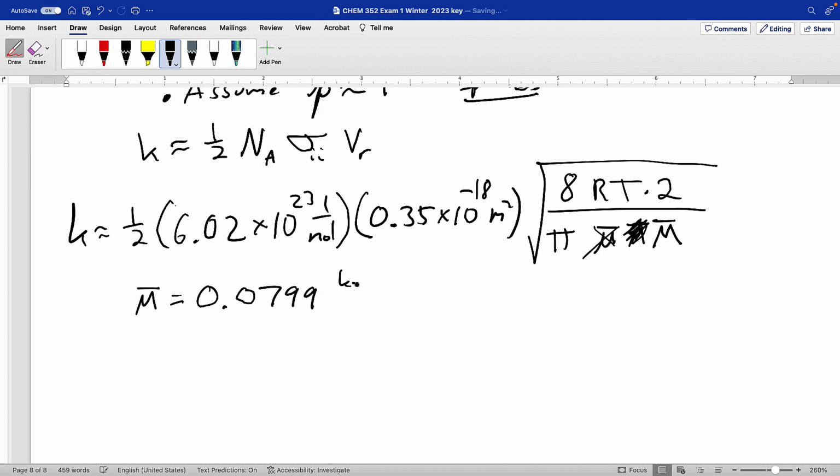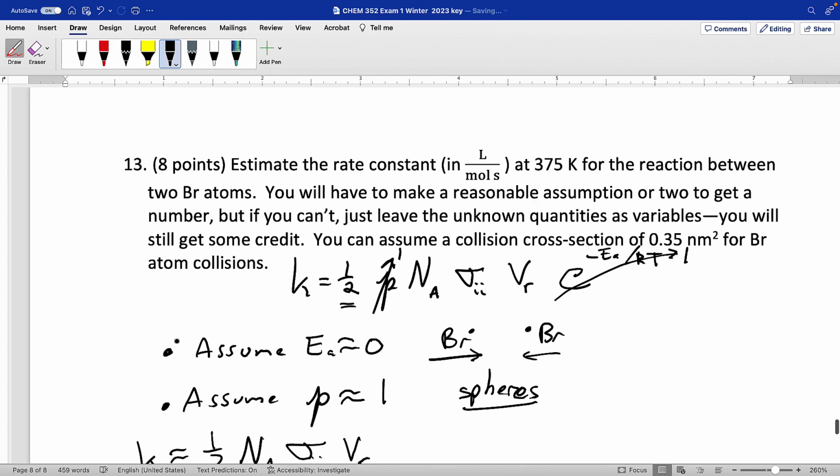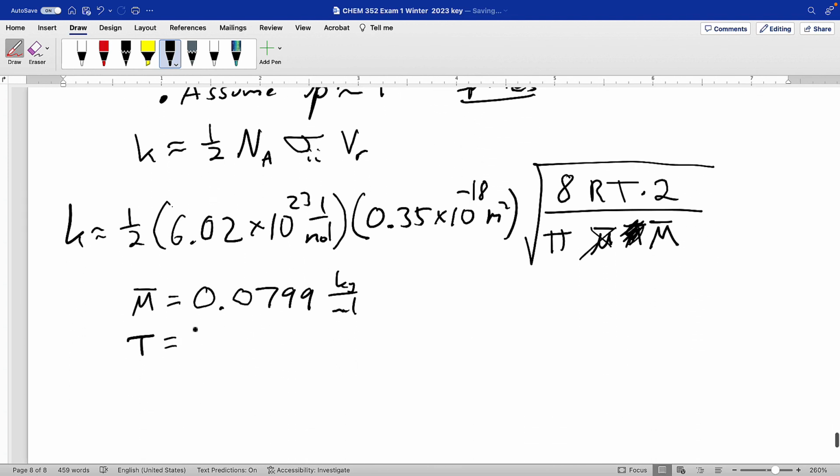So we put this as kilograms per mole, and the temperature was 375 Kelvin. Okay, so we plug all that in, and we get k is equal to 4.7 times 10 to the 7th meters cubed per second per mole.